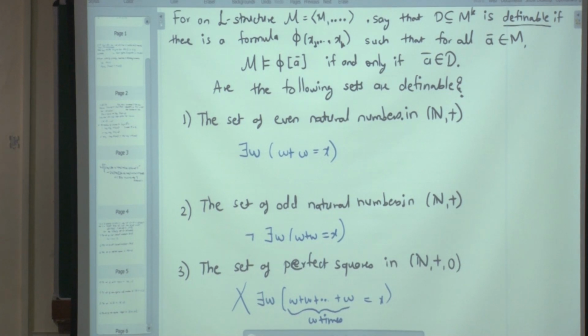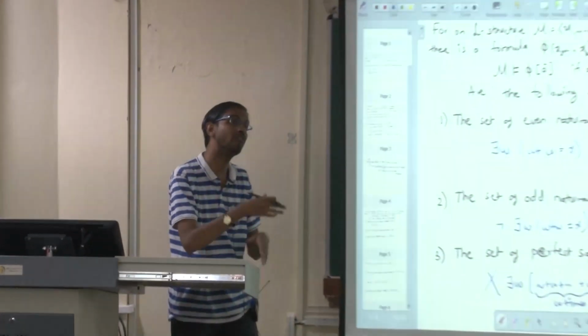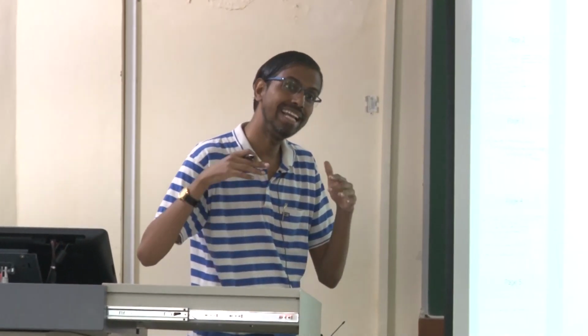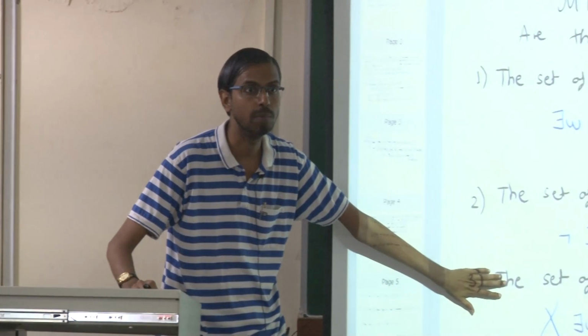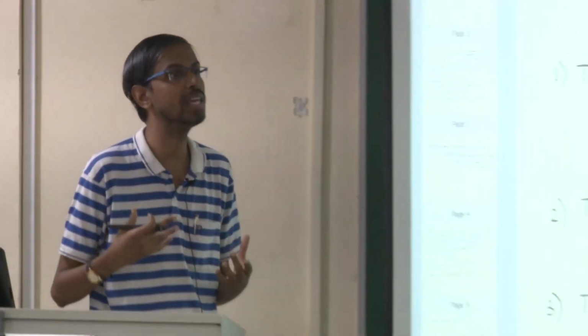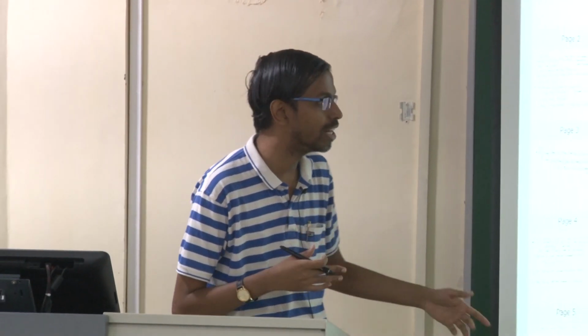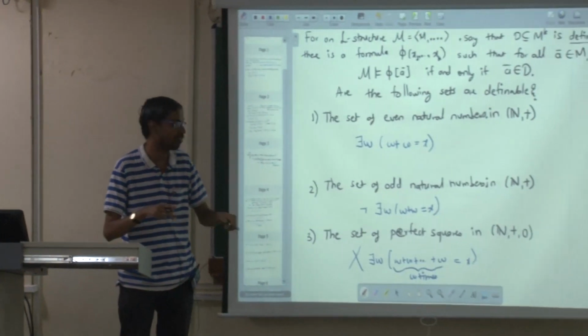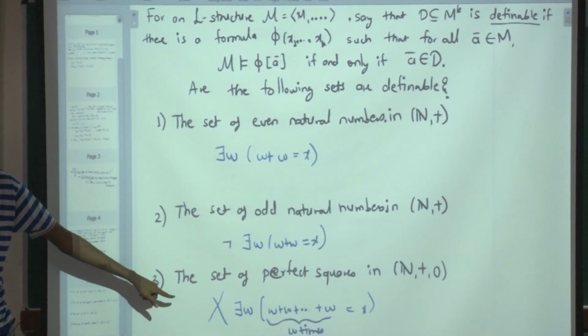But it is very difficult to express that something is not definable. For that, you have to understand all definable sets, find some common property, and then say that this set doesn't satisfy that property. So perfect square is an inherently multiplicative property, and multiplication you cannot express in a first order language using addition.